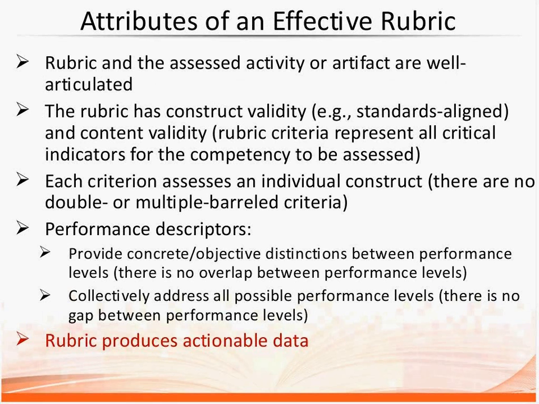Using highly subjective terms, or what I refer to as inconsequential terms, to distinguish between levels defeats the primary purpose for using a rubric in the first place, which is to minimize subjectivity in what is normally by nature a very subjective assessment activity. Finally, an effective rubric produces actionable data that can help inform decisions about improving student learning performance, as well as decisions about improving program quality.